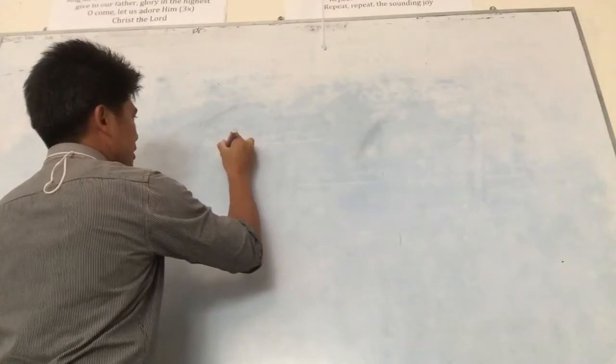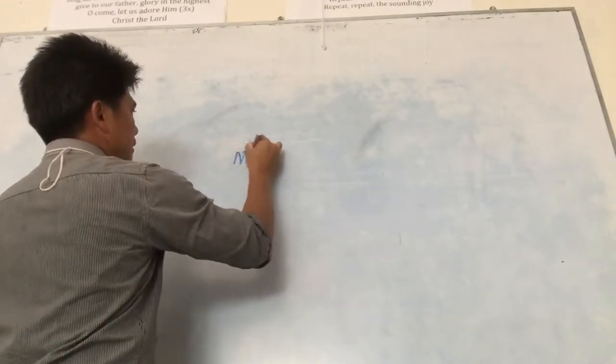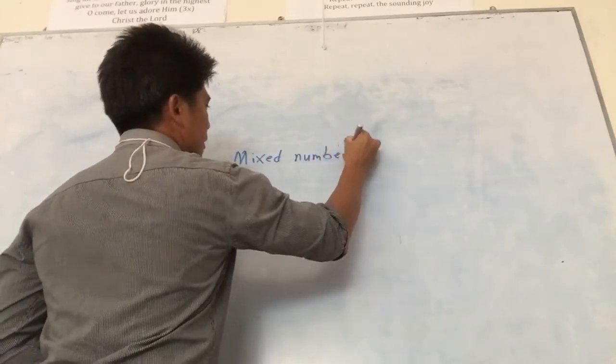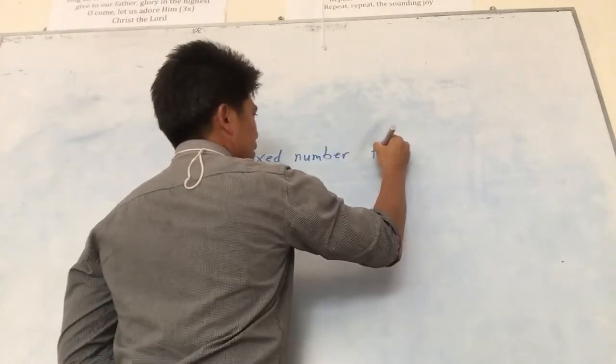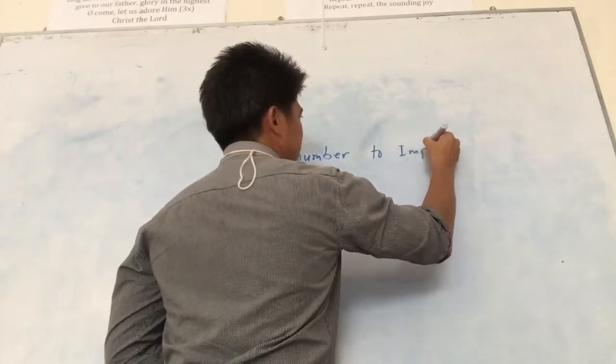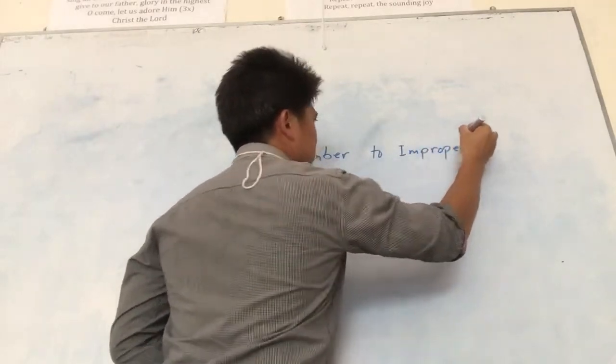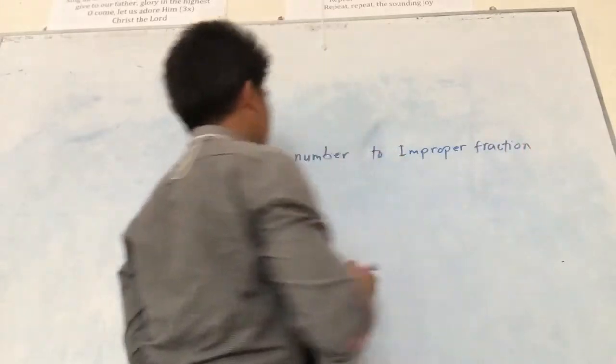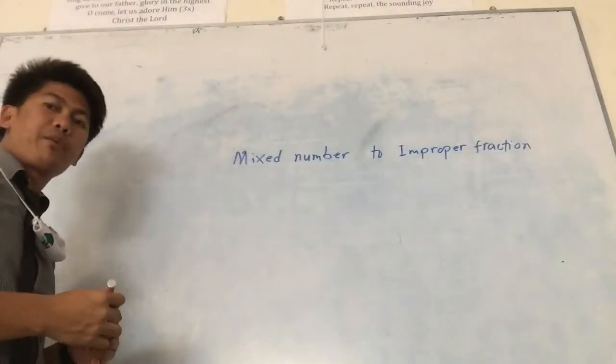Let's have first mixed number to improper fraction. Okay, mixed number to improper fraction.